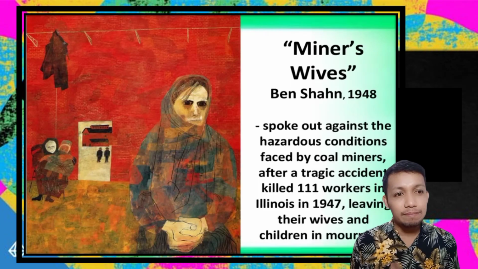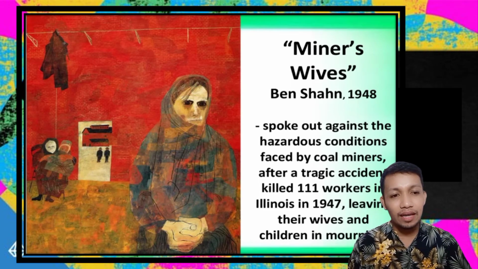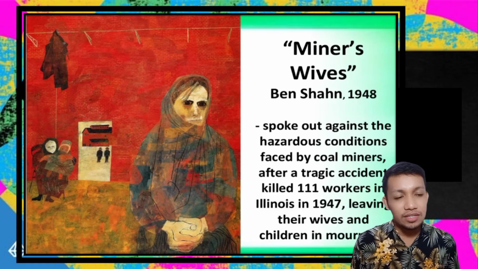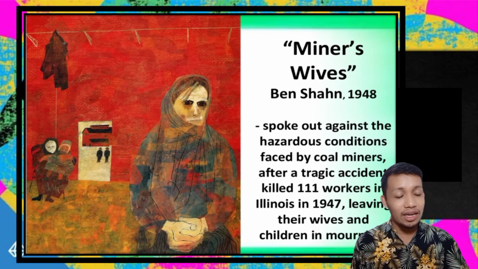Taking a look at the Miner's Wives painting, it speaks out against the conditions that coal miners faced after a tragic accident killed 111 workers in Illinois in 1947, leaving their wives and children in mourning.